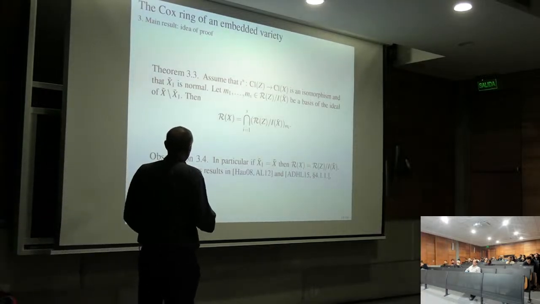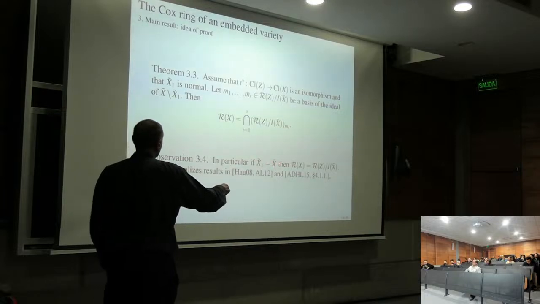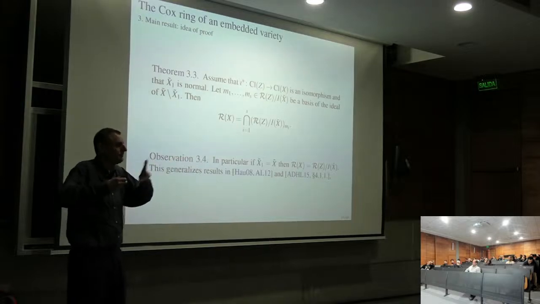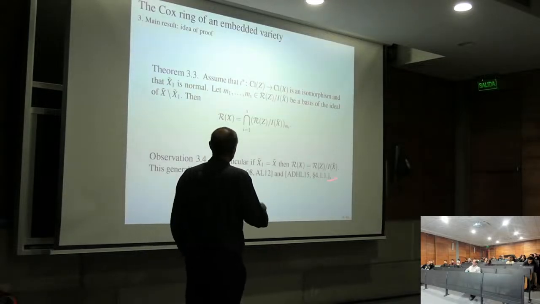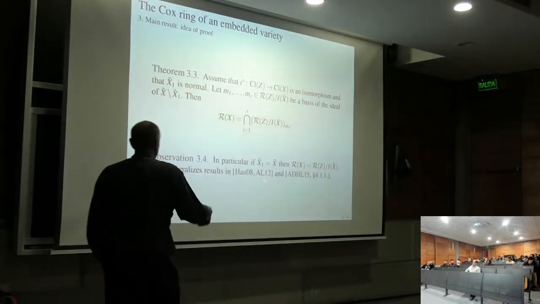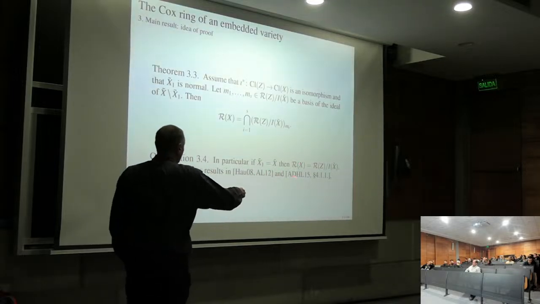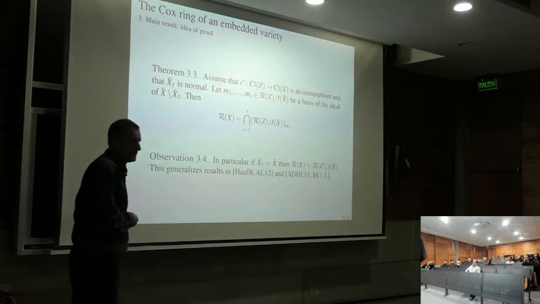So in particular, if X1 tilde coincides with X tilde, or equivalently, if X hat is big inside X tilde, there are no divisors between the two, then we have something which was already known both in this paper and in a joint work with Michele Artebani, and then we reformulated more precisely here. The Cox ring is given just by this quotient.